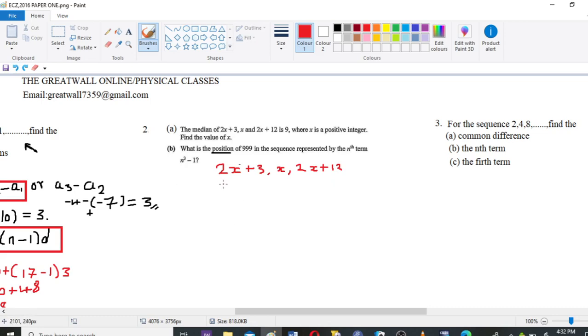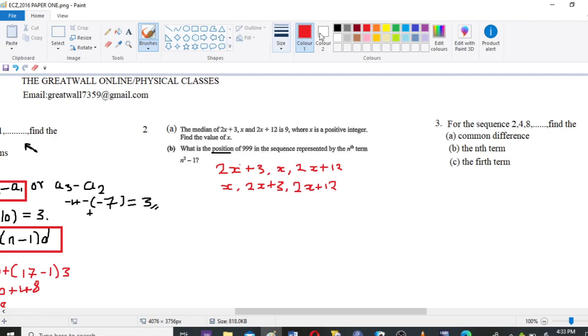The smallest term here is x, followed by 2x, then 2x plus 3, then followed by 2x plus 12, right?